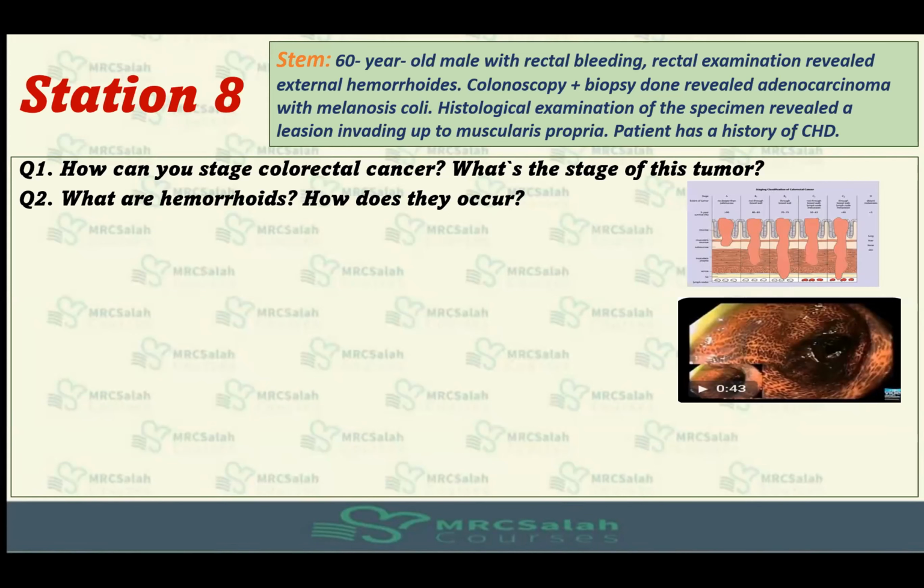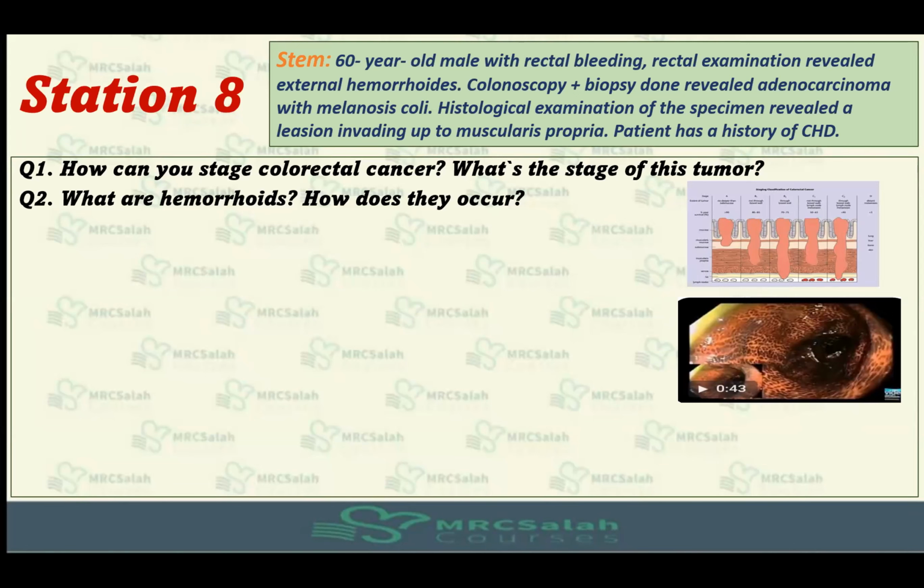But when there is high pressure or more straining, for example during defecation, these anal cushions no longer return to their site. You mean they become stretched by straining? Yes, stretched. So this may cause bleeding or swelling, as you said.